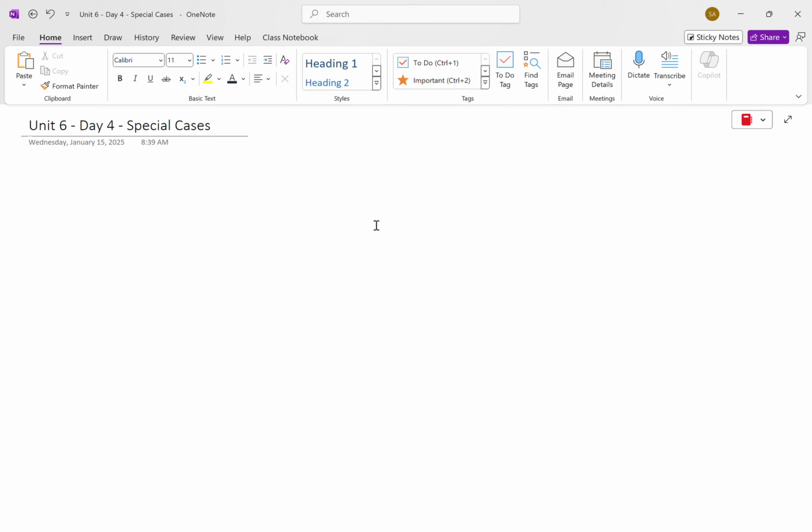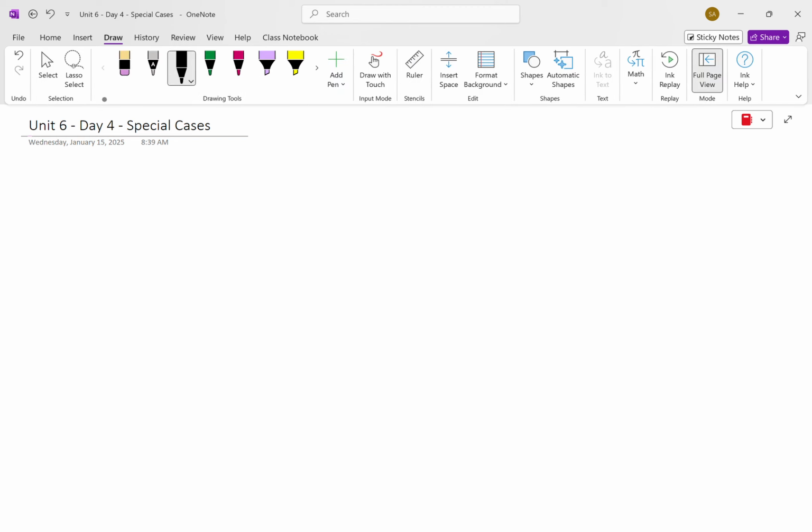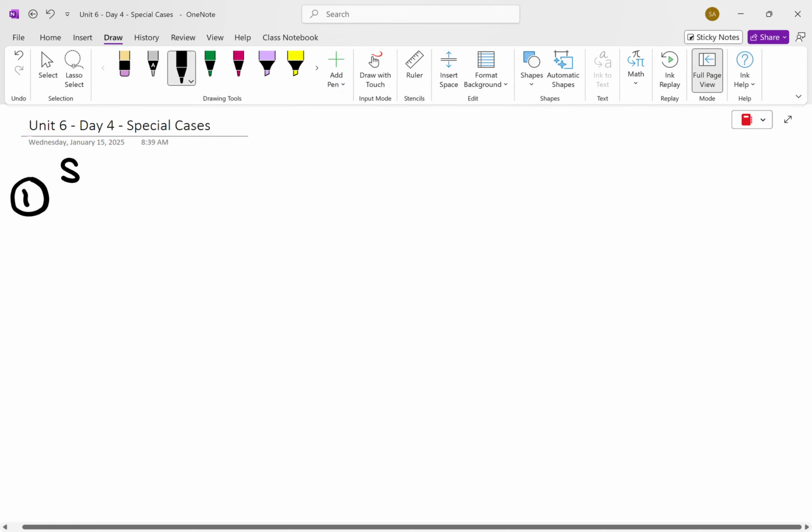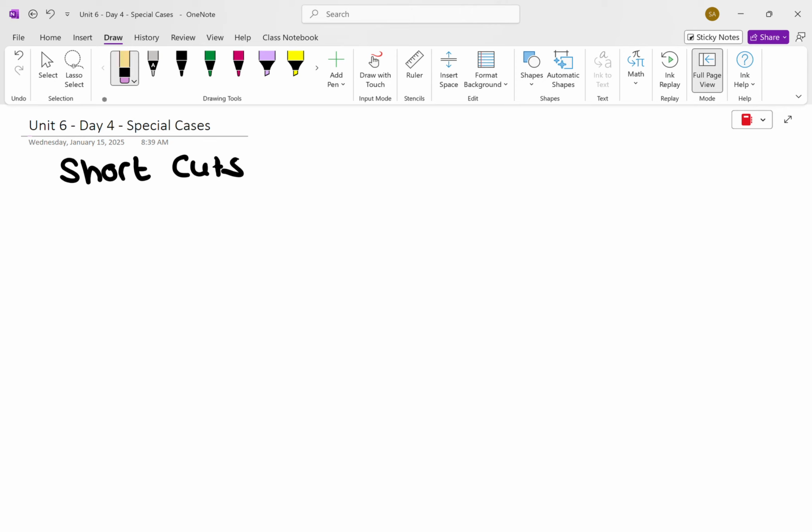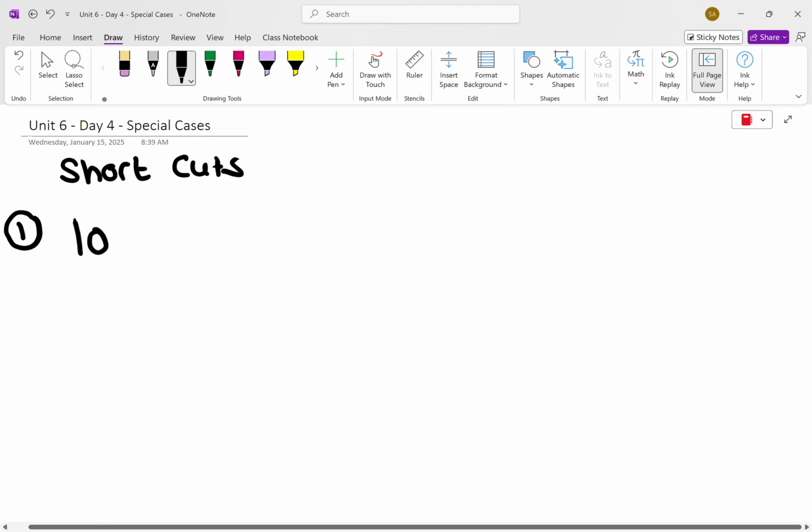Okay, so today we're going to learn log shortcuts. First one: if we have log base b of b, that will equal 1.